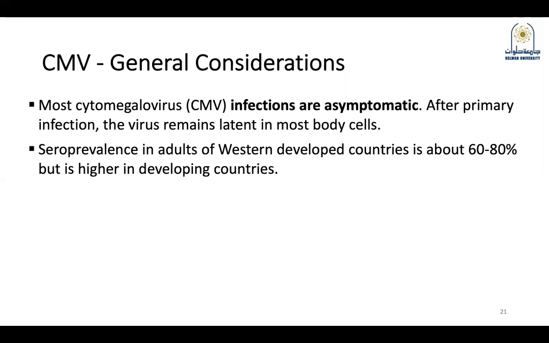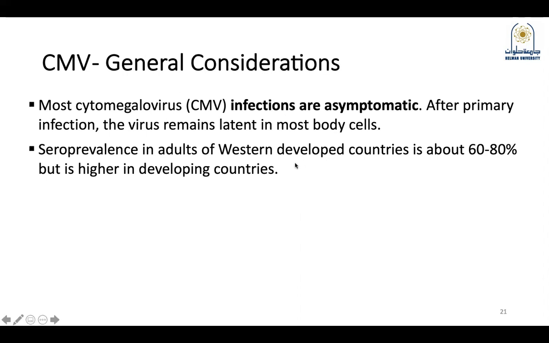We will shift now to the second type of virus that might also affect the liver. It's called cytomegalovirus. This is herpes virus type 5, which consists of DNA. After exposure to cytomegalovirus infection, most cases are asymptomatic after the primary infection, and the virus remains latent in the blood and in most body cells.